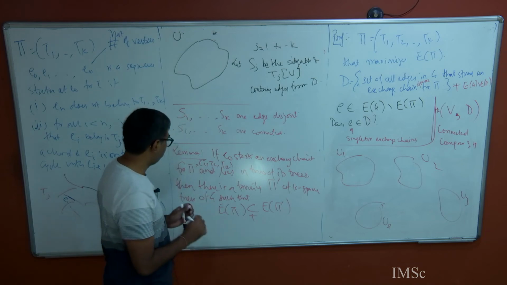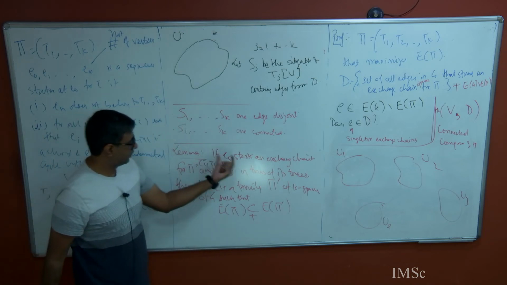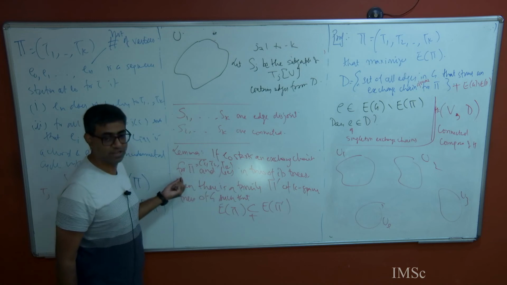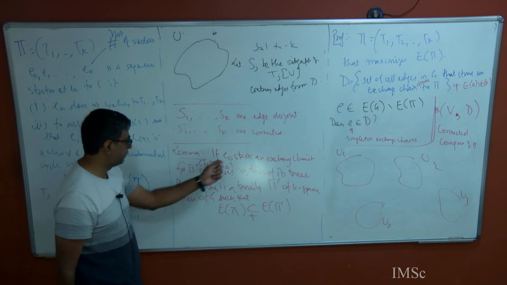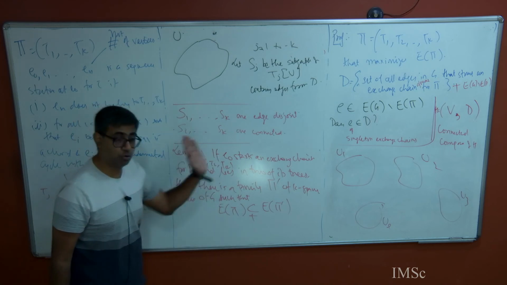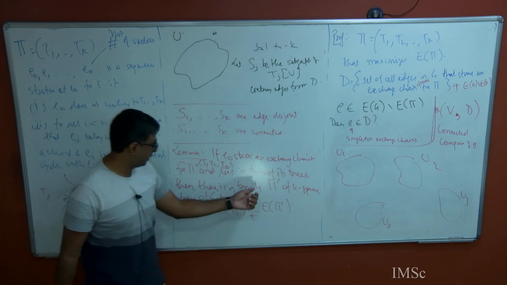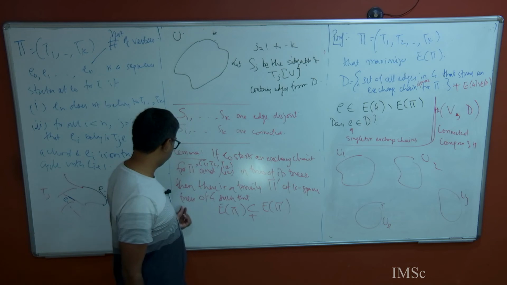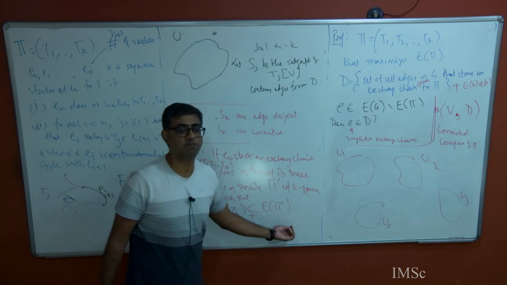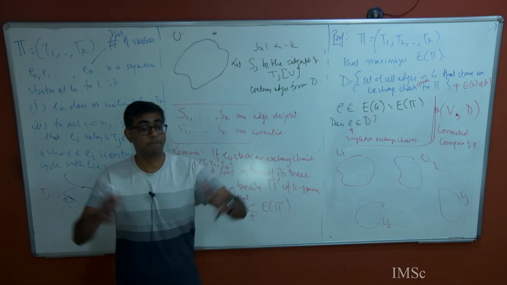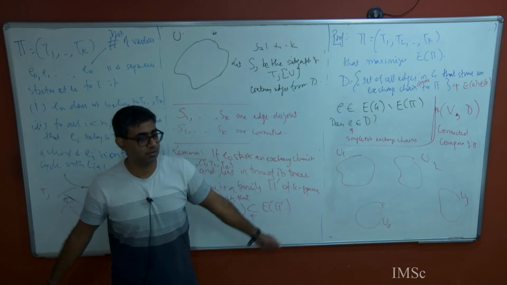So if E0 starts an exchange chain for some sequence and belongs to two different trees, then I can get a bigger set of trees.